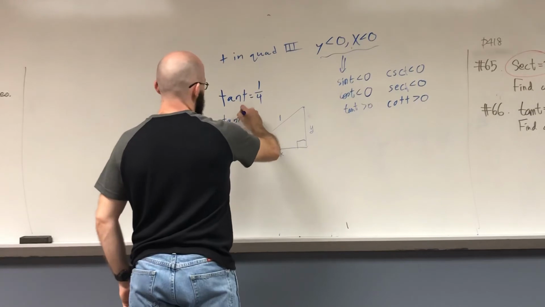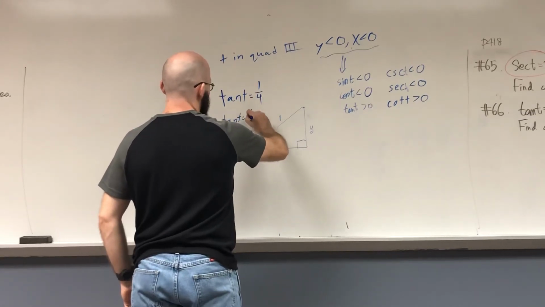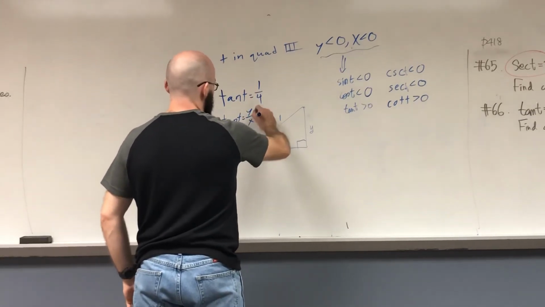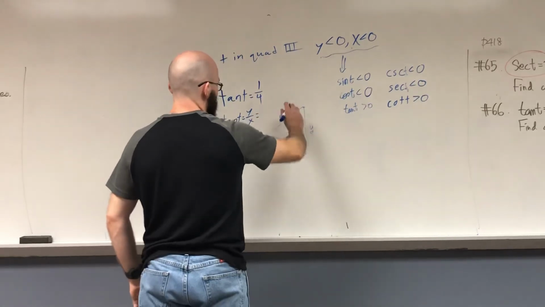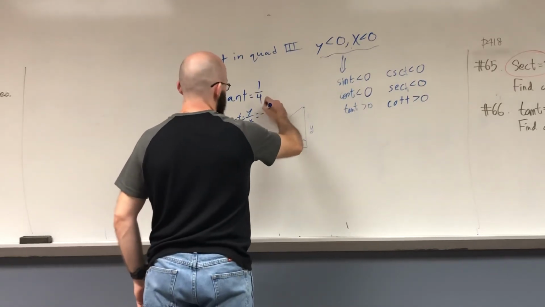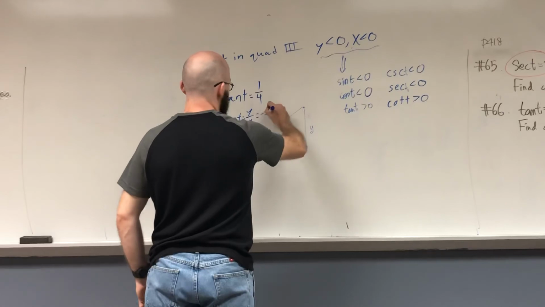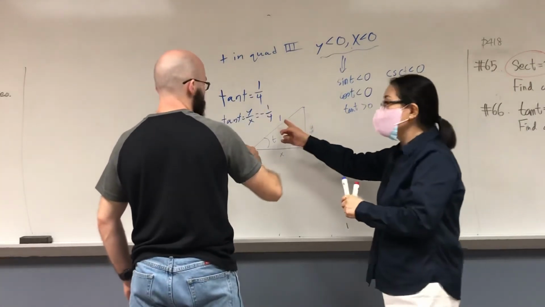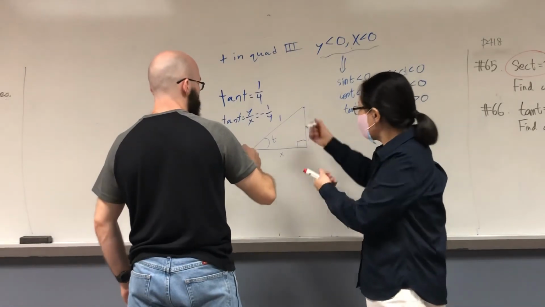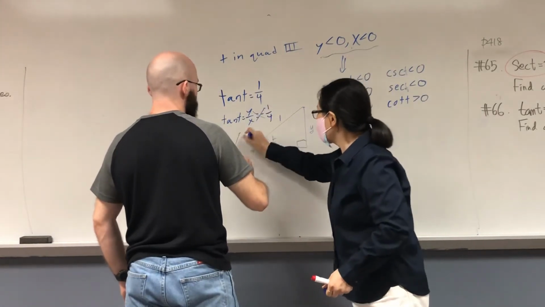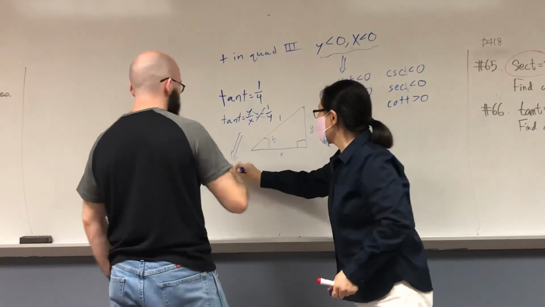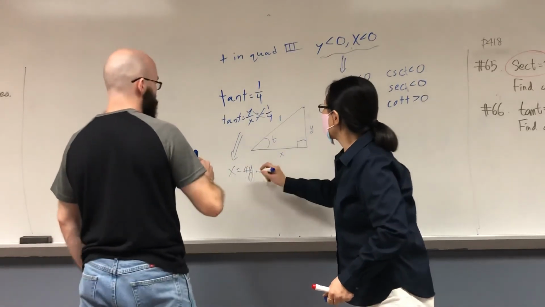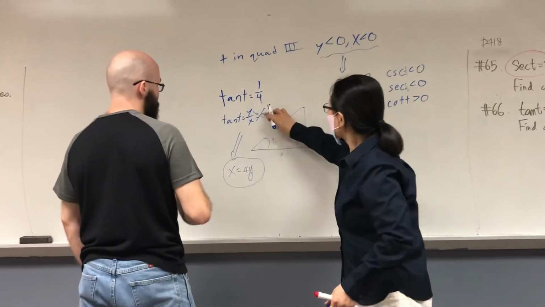Tan t equals y over x, equal to the given negative 1/4. Two unknowns and one piece of information, right? So what do you know here? x equal to 4y. Am I right?